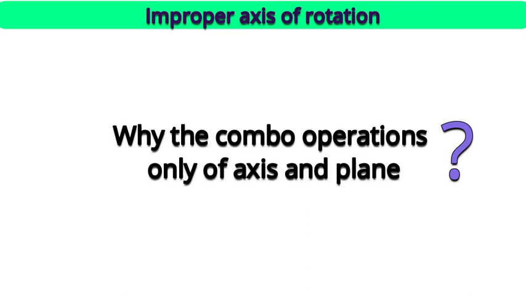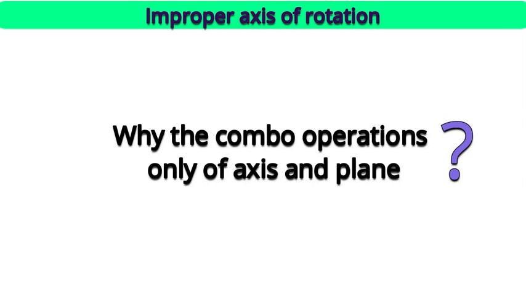And all possible arrangements we can get by means of these five elements and respective operations. Which are those five elements? Number one, identity. Number two, proper axis of rotation. Number three, plane of symmetry. Number four, center of inversion. And last, the improper axis of rotation. So we could define and find all possibilities of arrangements.